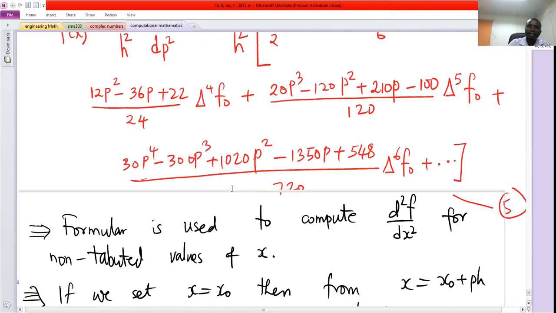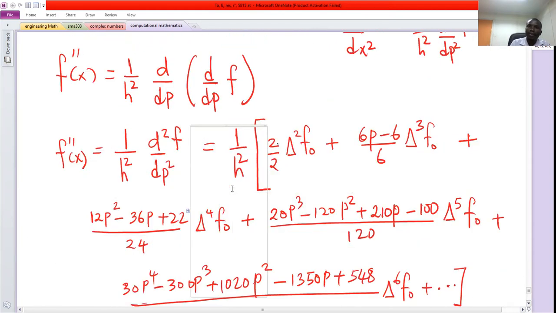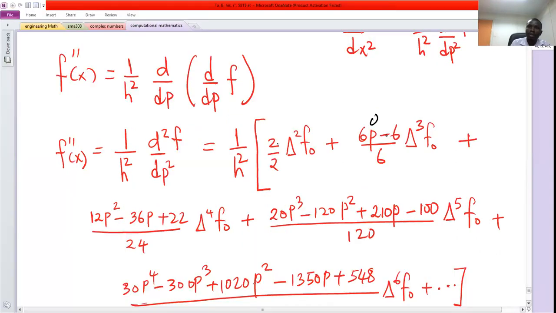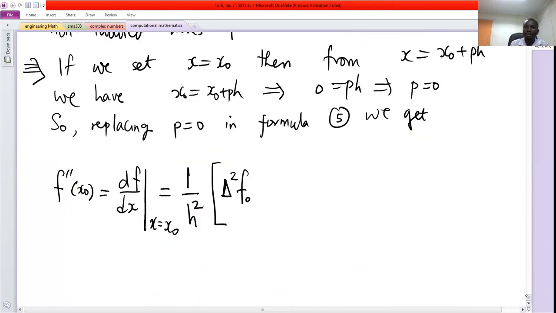And then this other term, you put here 1. You put where there's p, you put 0. So 0 times 6 is 0. So minus 6 over 6 is minus 1. So we'll have minus third forward of f-naught.